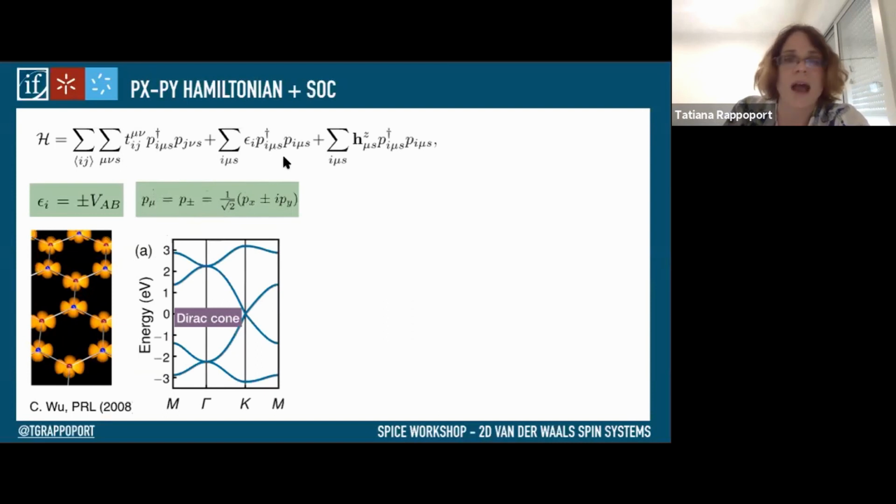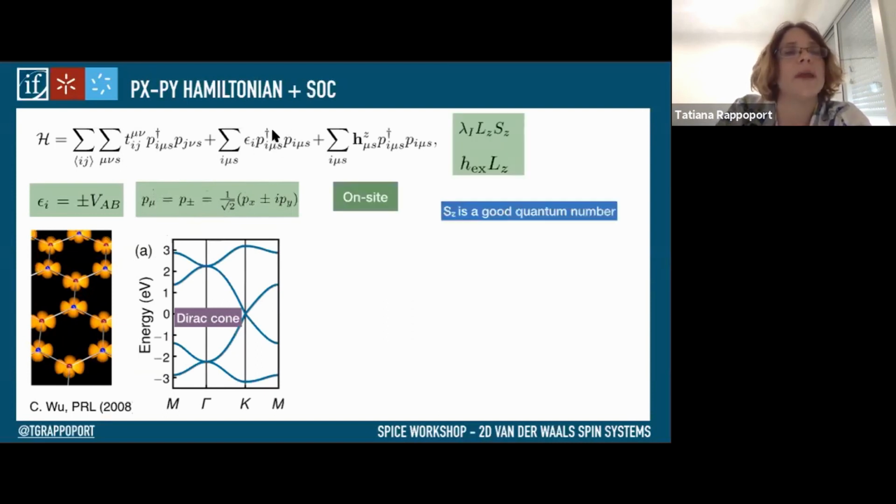And then there is another term that takes into account sublattice symmetry breaking here. And finally, a term that can be a spin-orbit coupling, but it's an on-site term, so it only connects states in the same site. Or if it's a spinless system, we can think that this could also be seen as an exchange term or a Zeeman-like term for the orbital angular momentum.